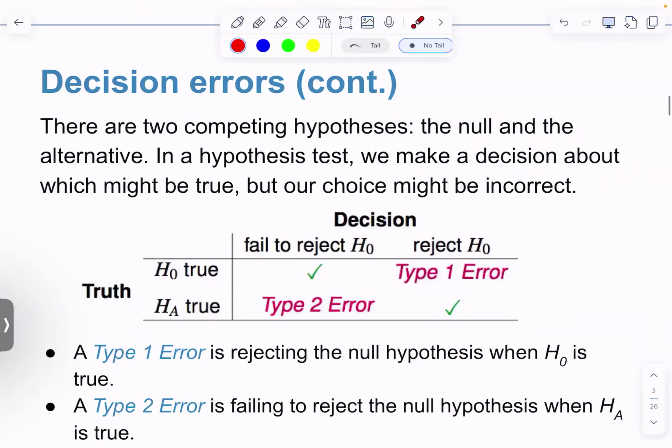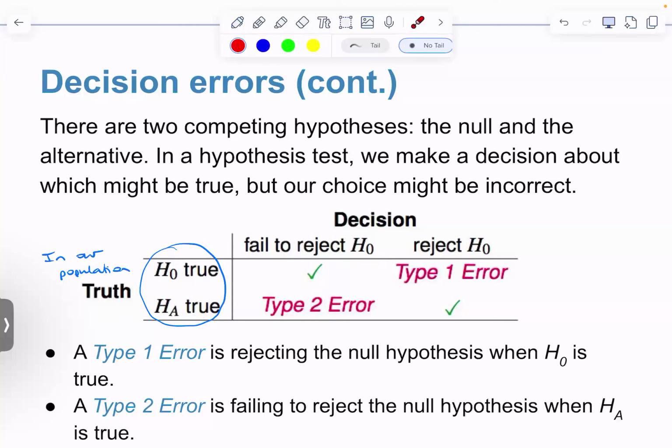So what are these decision errors? I think the simplest way to summarize it is in this table. And so we have our two competing hypotheses, the null and the alternative hypothesis, right? And so in our population, which we'll never know about, there is some truth.